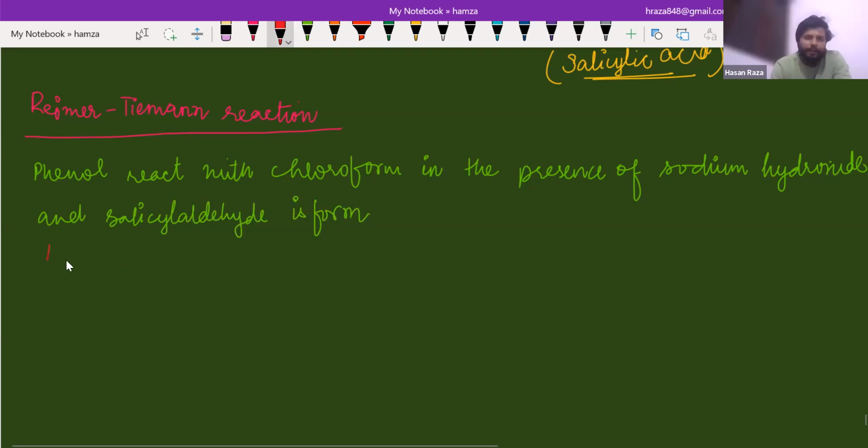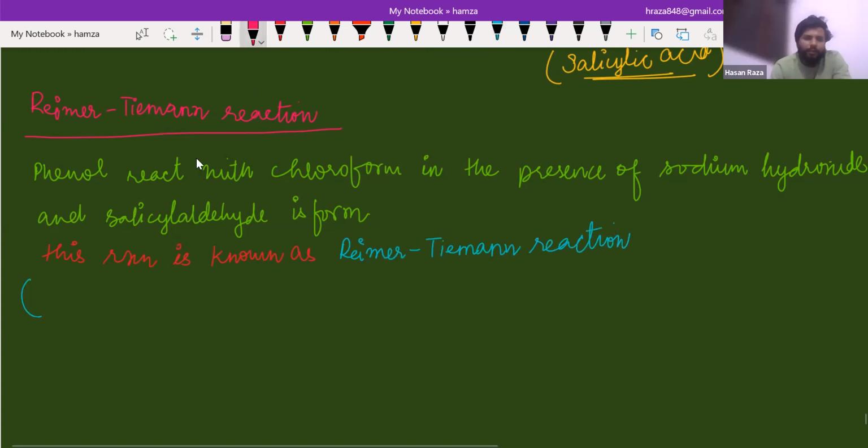And this reaction, RXN stands for reaction, is known as Reimer-Tiemann reaction.